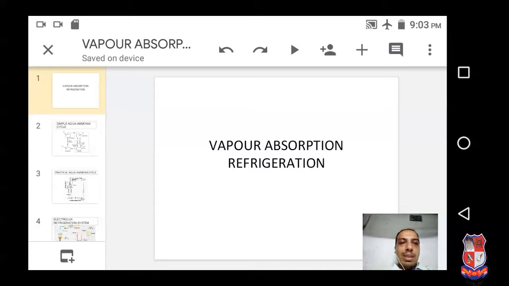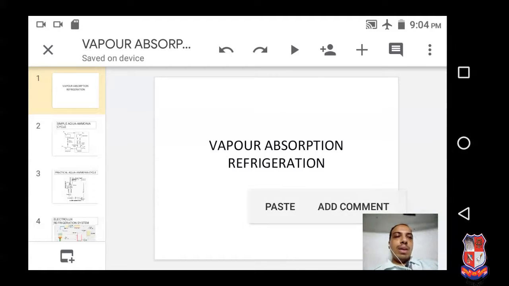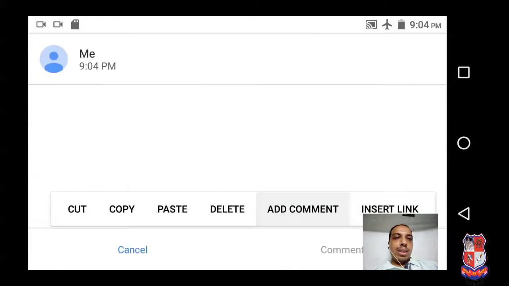Air refrigeration system works with air as a refrigerant. Vapor compression and vapor absorption refrigeration systems work with different refrigerants, chosen as per the evaporator temperature requirement, so it depends on the applications.